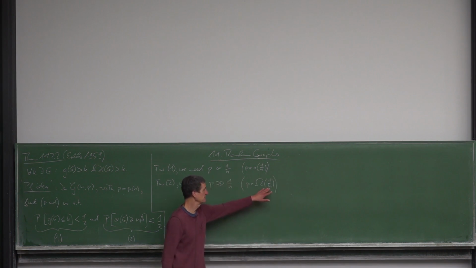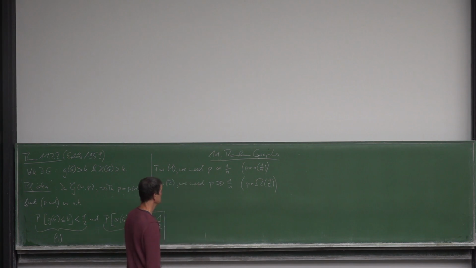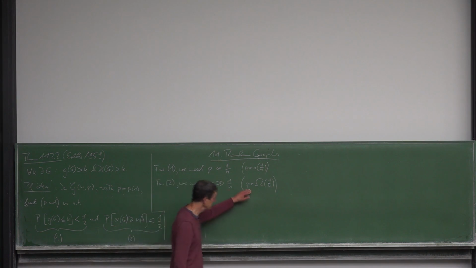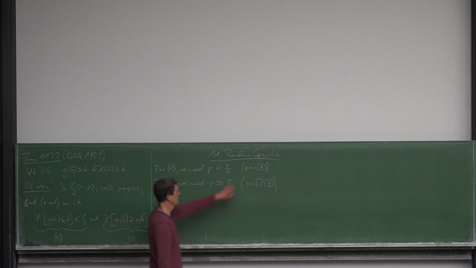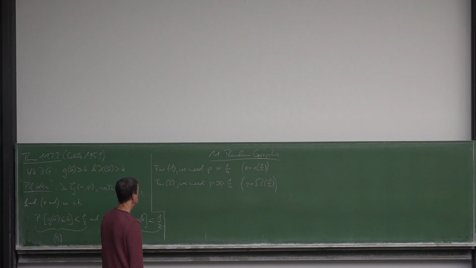All right, so 1 over n is big O of p. So this is bounded away from 0. Right. p divided by this is bounded away from 0, unlike here where it tends to 0. Okay.